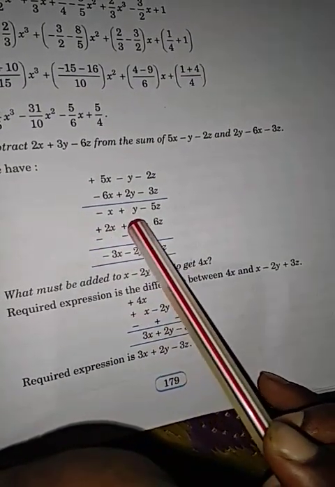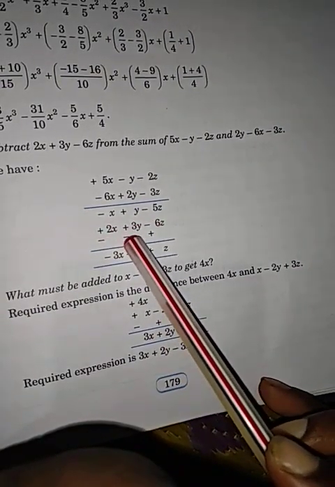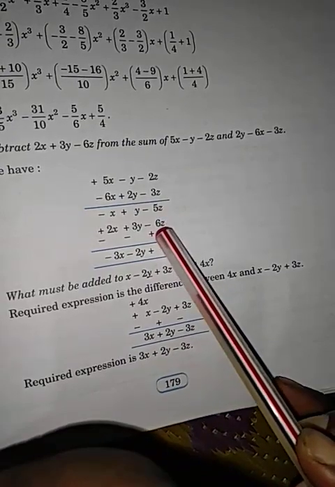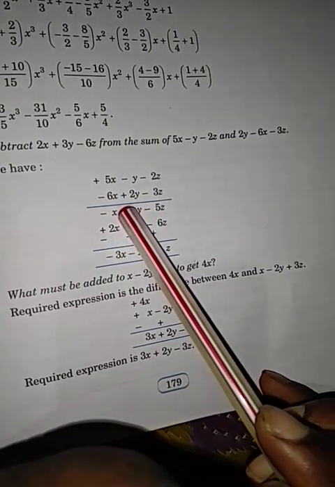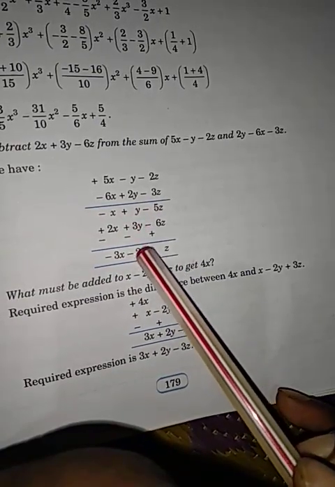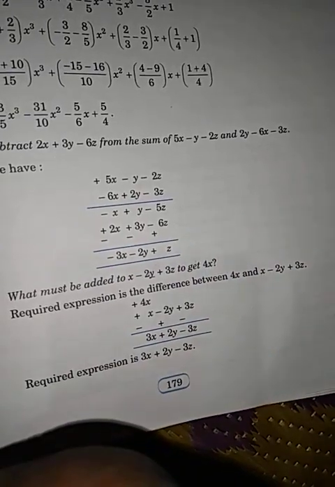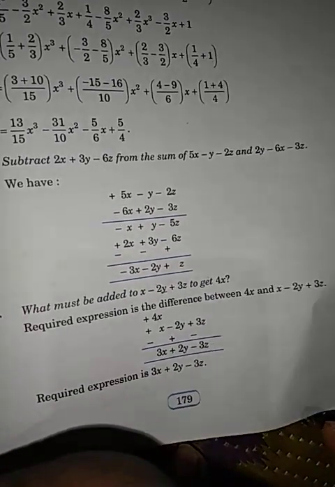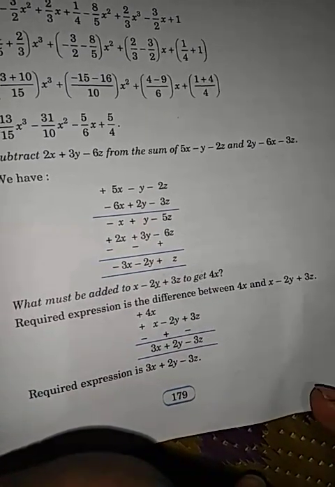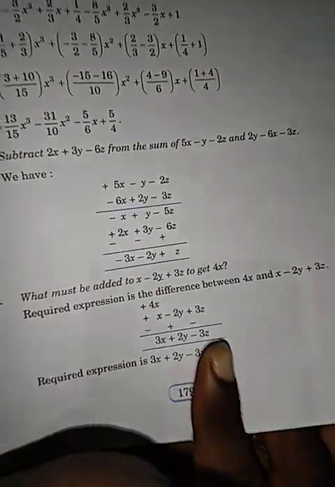Plus 2x becomes minus 2x, plus 3y becomes minus 3y, minus 6z becomes plus 6z. So minus x minus 2x, that is minus 3x; y minus 3y, minus 2y; minus 5 plus 6, that is plus z. In this method we subtract and add algebraic expressions column wise in the column method.